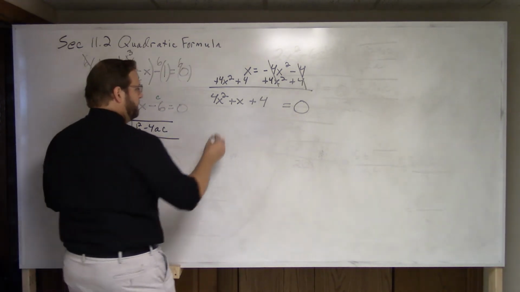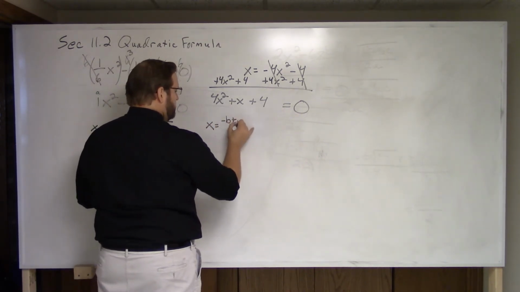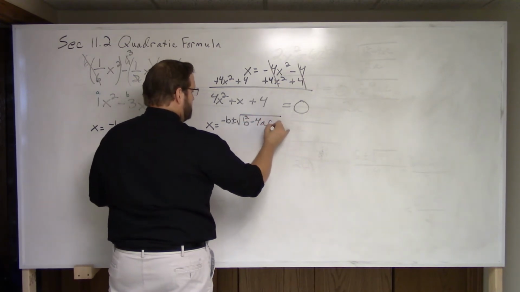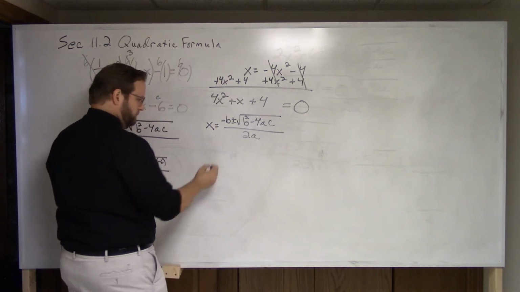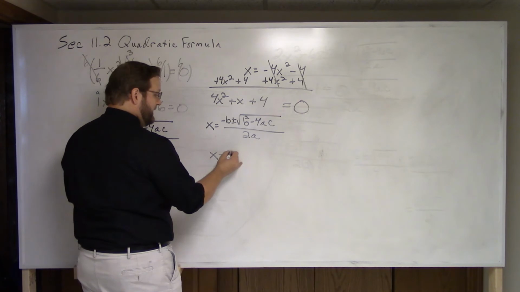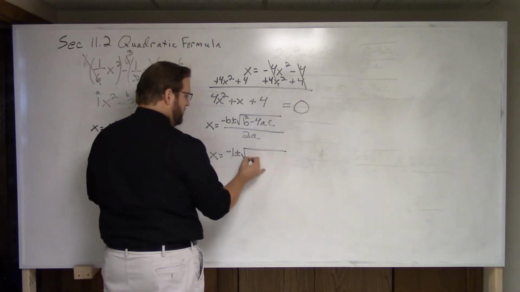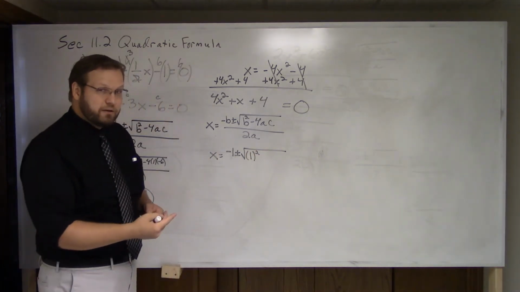So let's go into opposite of b plus or minus square root of b squared minus 4ac all over 2a. So opposite of b is a -1 plus or minus square root of b squared. Again, those parentheses aren't necessary there, but they're not hurting.